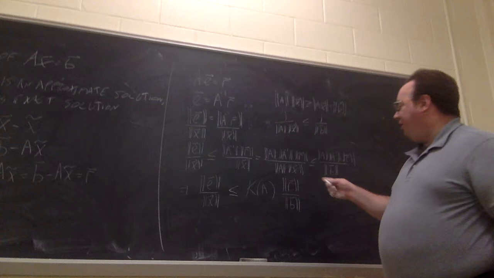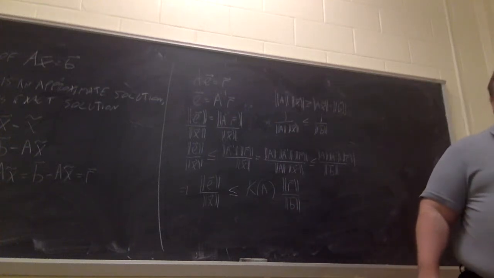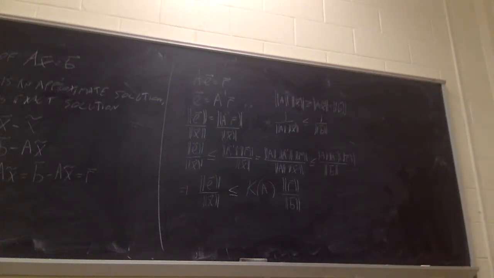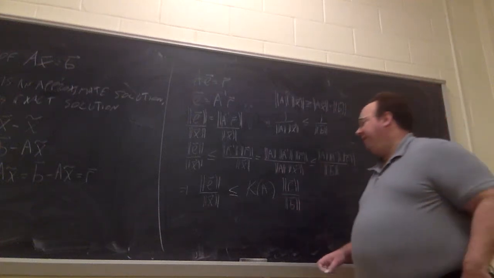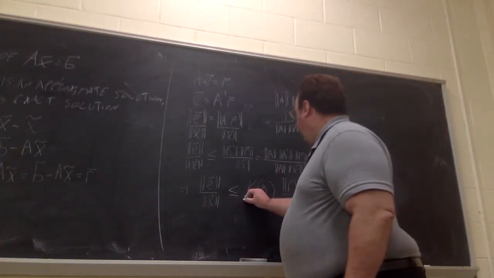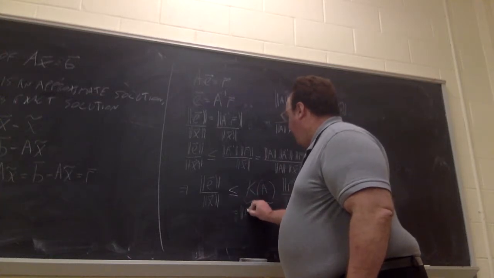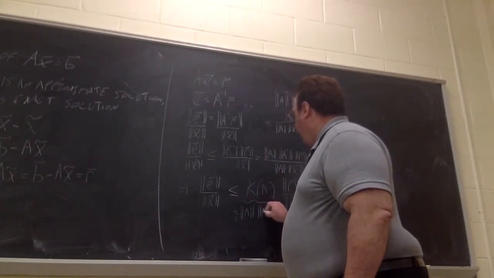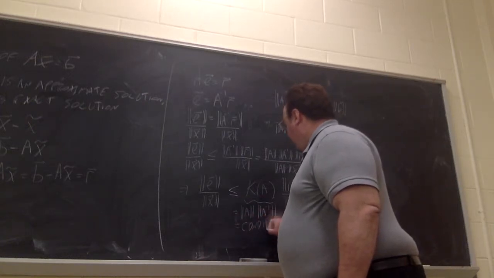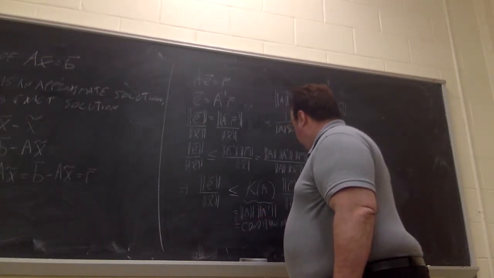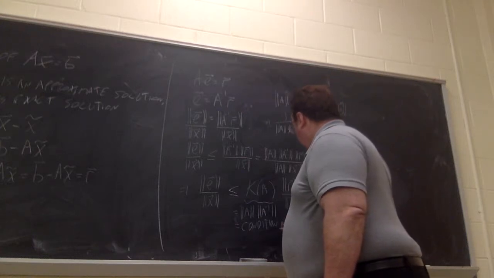Because the residual indicates how far b deviates from Ax. So for the relative residual, you divide by the norm of b. And this quantity, which is the norm of A times the norm of A inverse, is called the condition number of A.